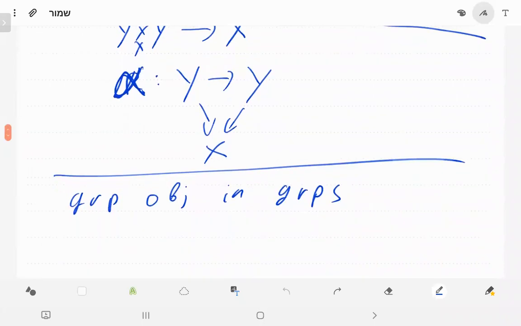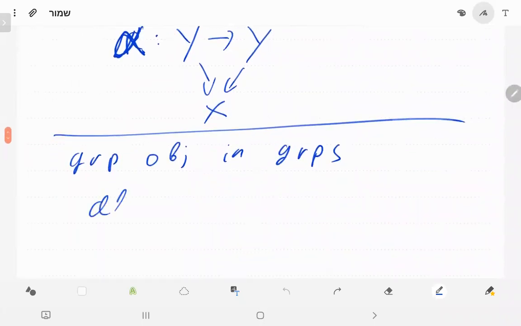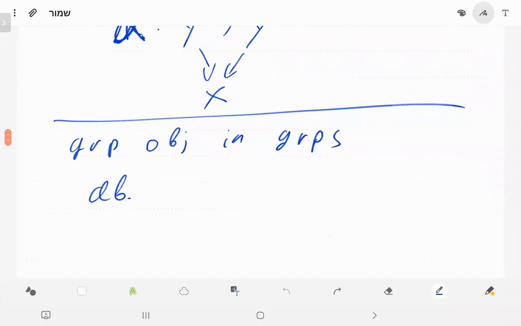So the answer is abelian groups, and basically the actual statement is that if you have two multiplication actions that commute with each other, or in fact you only need one of them to commute with the other. So you have a group G and another product map, which is a homomorphism.